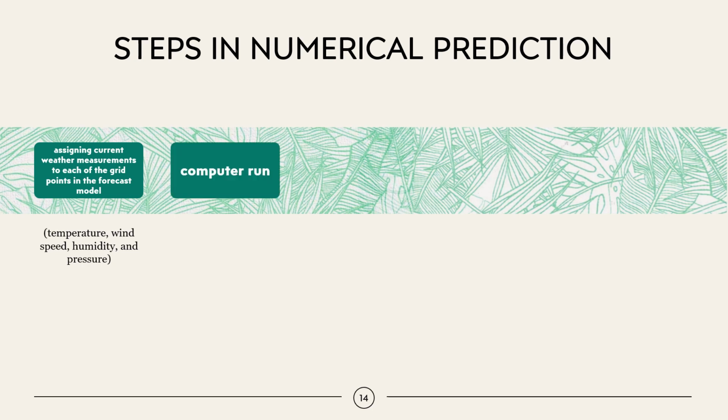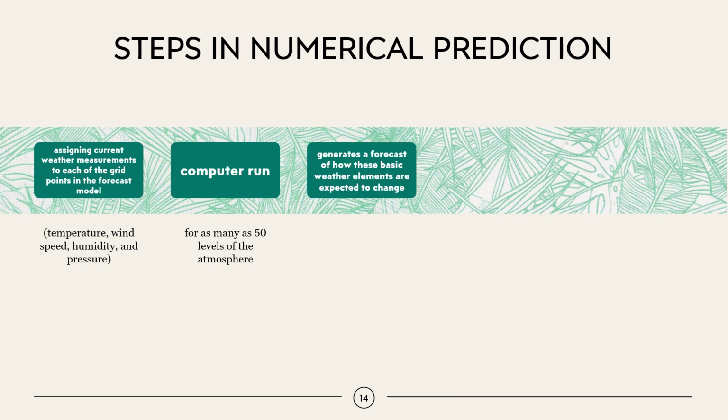Next is the computer run, or computer simulation, that solves the equations. A computer simulation solves each equation for as many as 50 levels of the atmosphere. After literally billions of calculations, it generates a forecast of how these basic weather elements are expected to change over a short time frame of about 5 to 10 minutes.